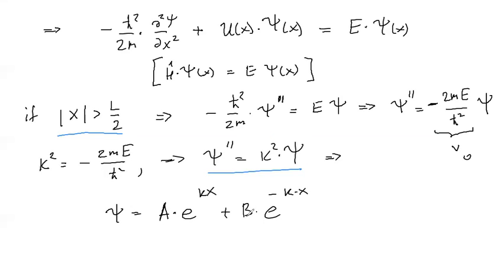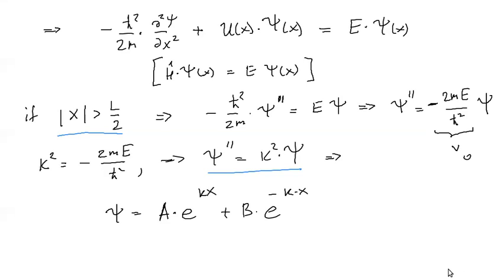And I have to figure out what these coefficients are and what this k is. But k is related to energy. So if I can figure out what the energy is, I can tell you what kind of k is possible. So that was not that bad, yes? It's not the solution yet, we are coming, but that was nice.